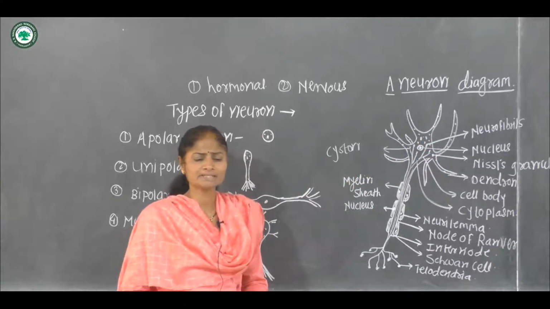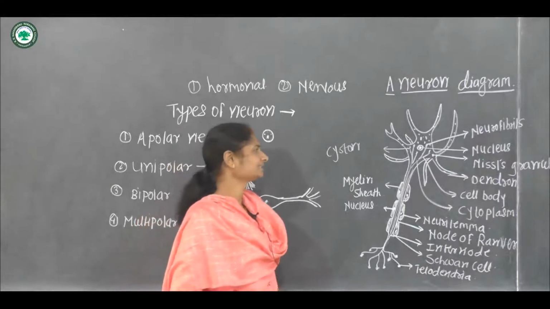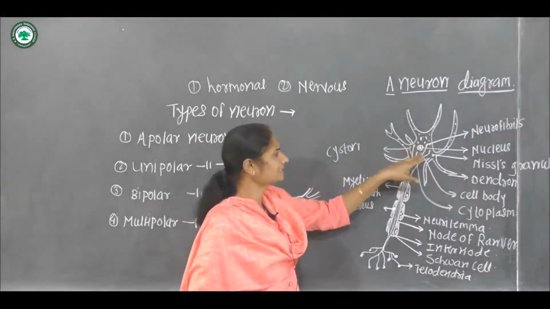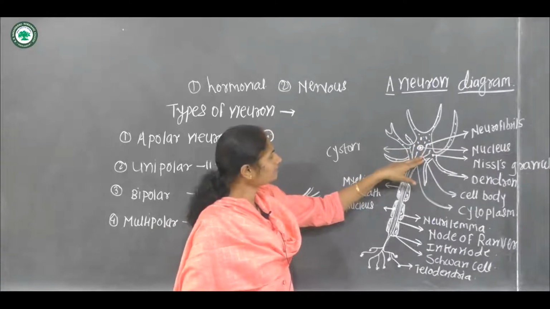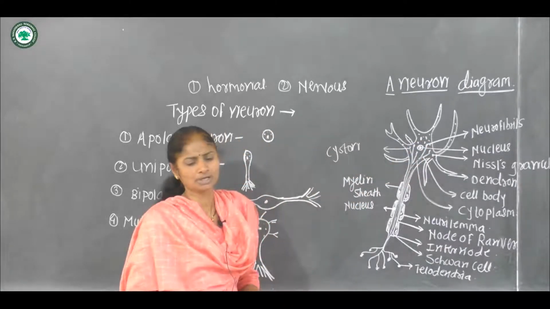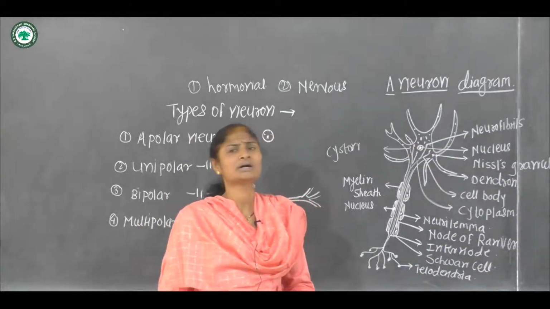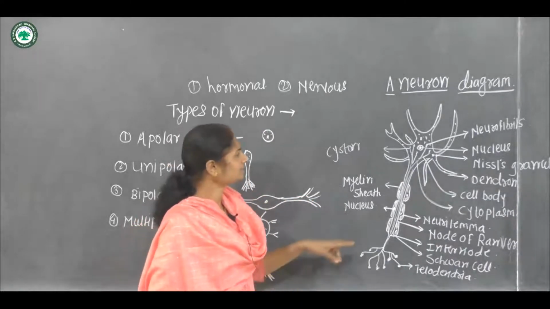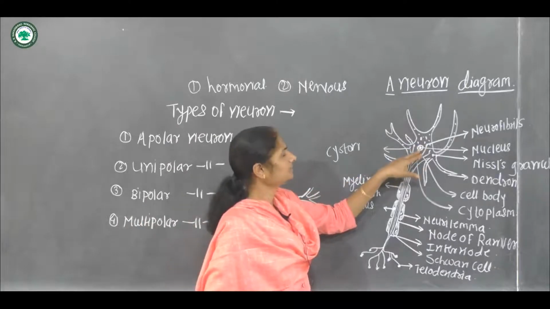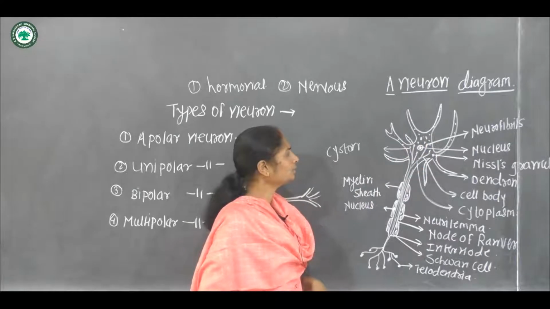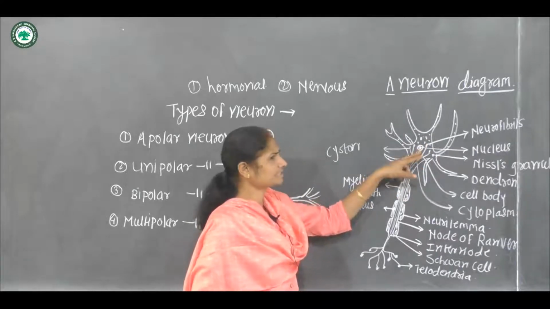The cytoplasm of the cyton is called neuroplasm. Here in this diagram we observe the cytoplasm, and this neuroplasm contains a prominent, centrally placed nucleus.